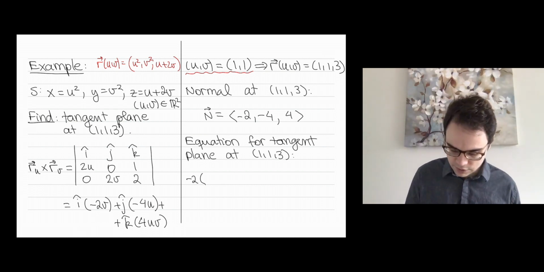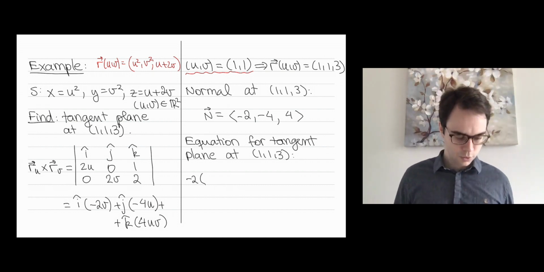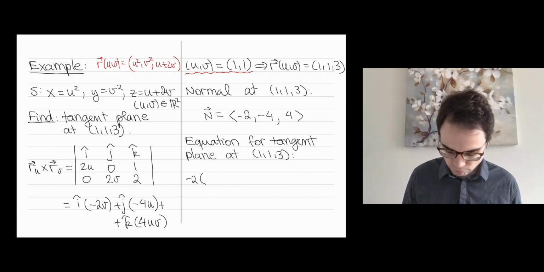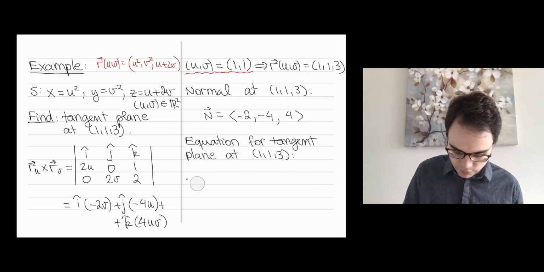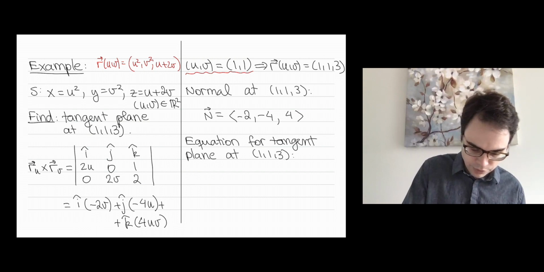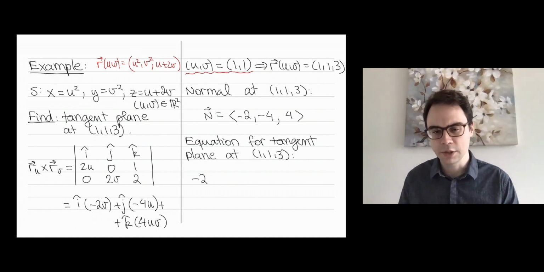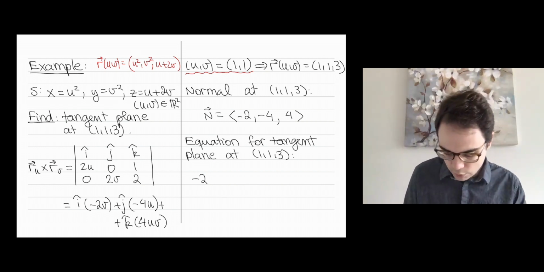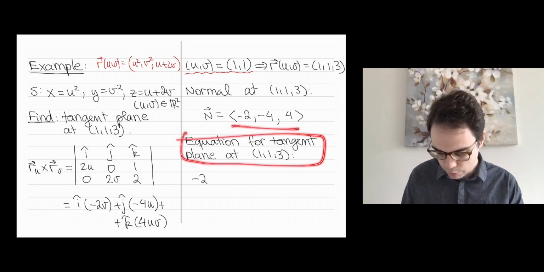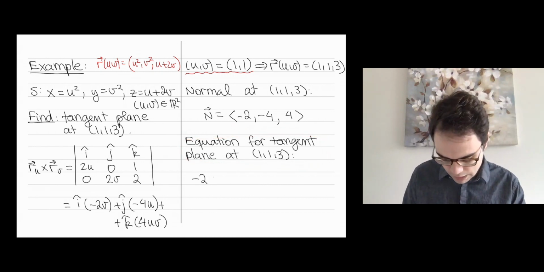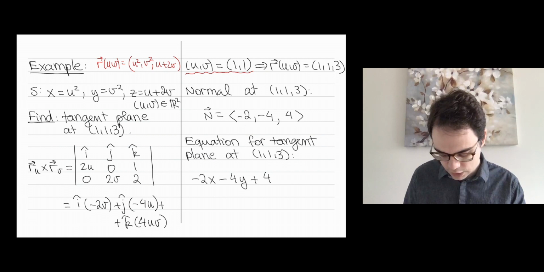Let me just give you the same answer I gave you last time when we were talking about tangent planes. We can read off the coefficients of the plane from the normal vector. So it's going to be -2 times x, minus 4 times y, plus 4 times z, and then it's going to equal something.